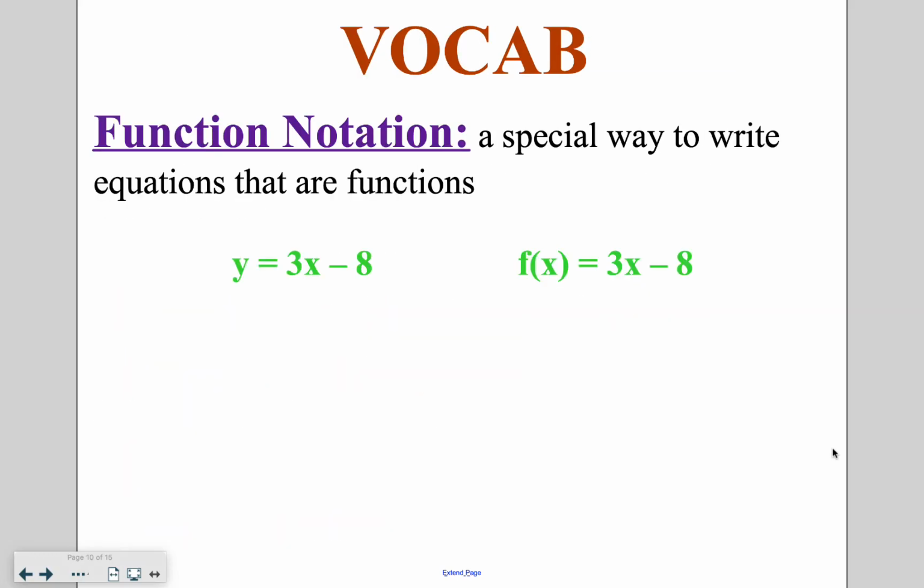The next thing we're going to look at is something called function notation. This is a special way of writing out equations for functions. Normally, when I write out an equation, each variable represents its own piece. So y is equal to 3x says the inputs are the x's and the results are our y's. Function notation gives the function a name and tells you what variable you have.